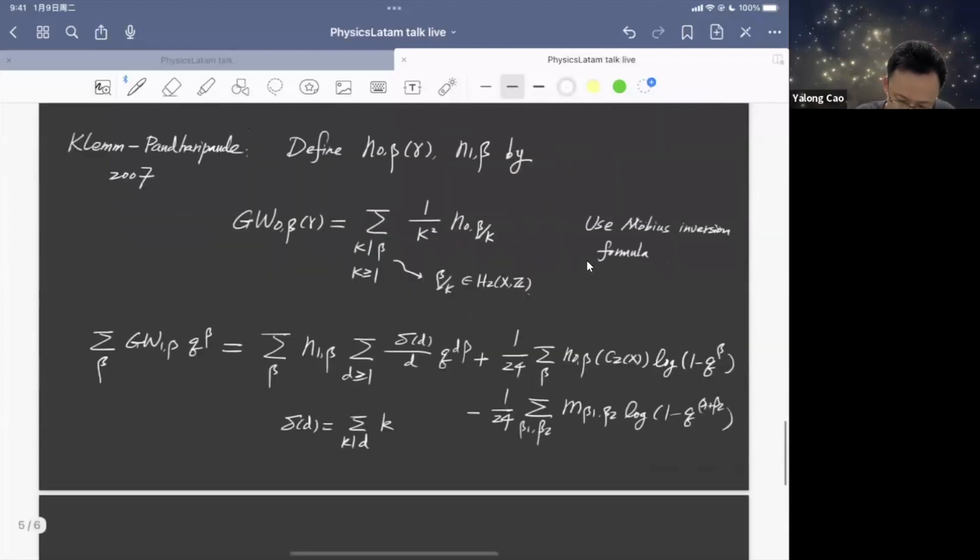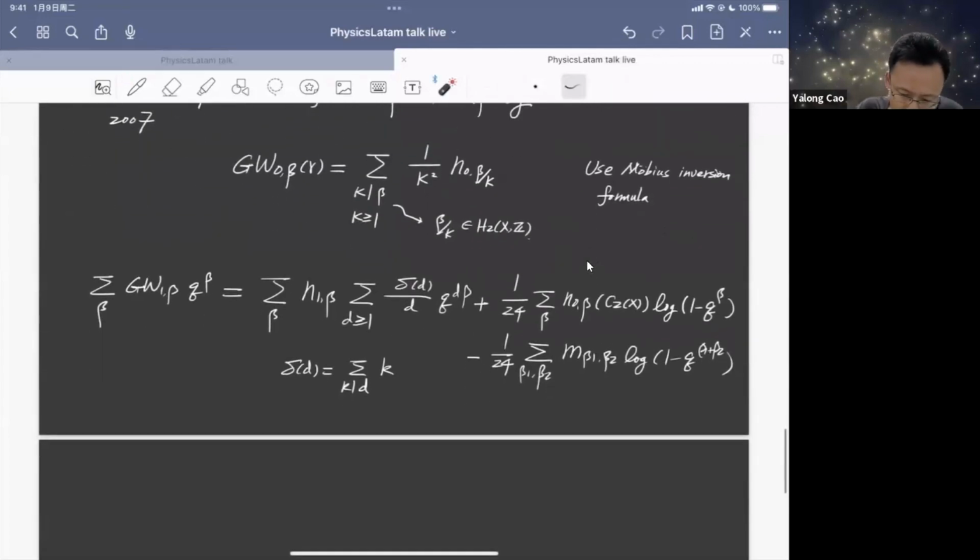As I said, this part is the thing we want to define. This is what we already know by integration on virtual class. And this is the thing we just defined by the first formula. And what are these things?